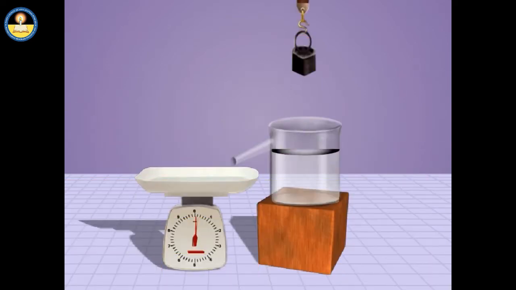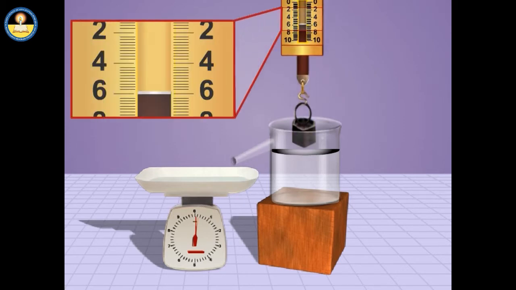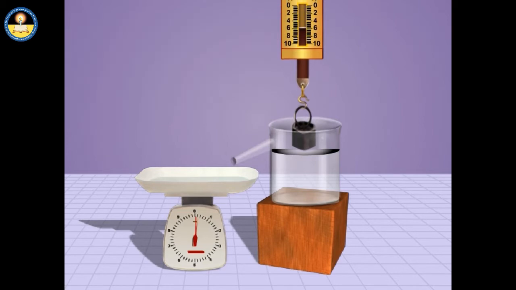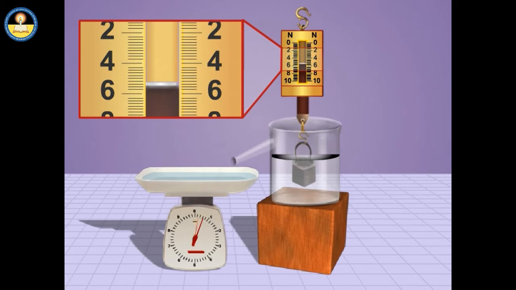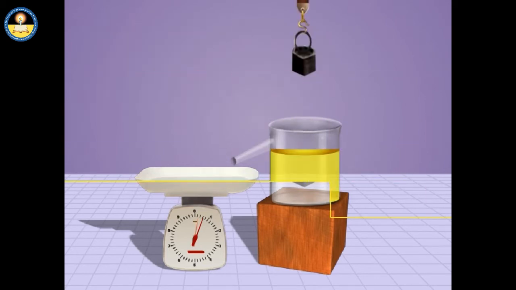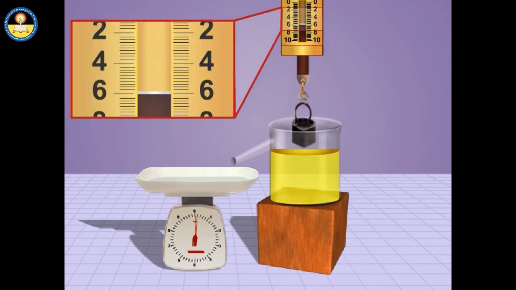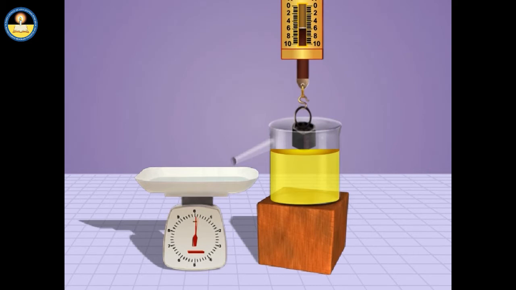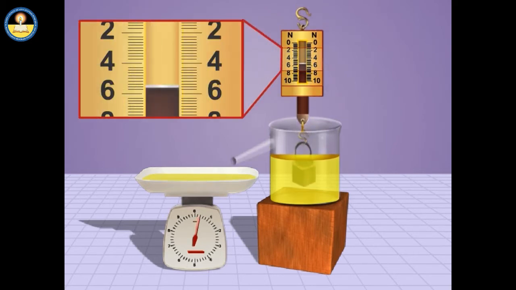Let us see this activity. When an object attached with a spring balance is suspended in water, it experiences a decrease in weight, which is equal to the weight of the displaced water. Similarly, when the object is suspended in liquid, it experiences a decrease in weight, which is equal to the weight of the displaced liquid.